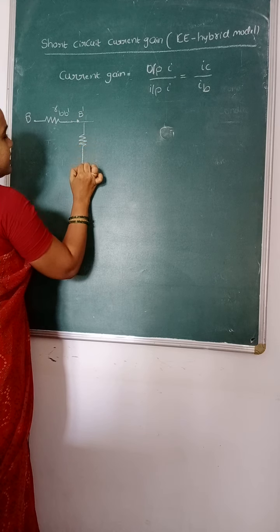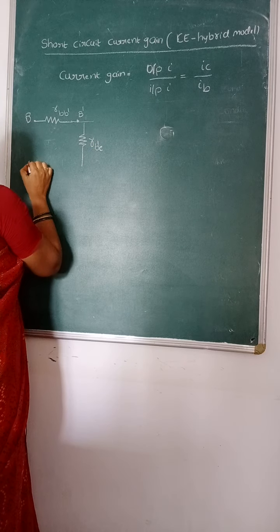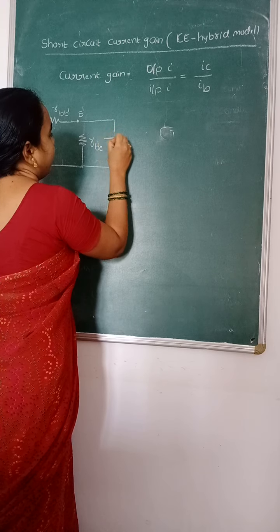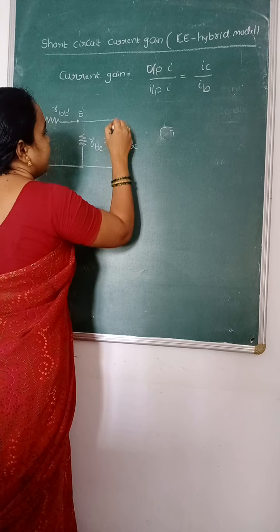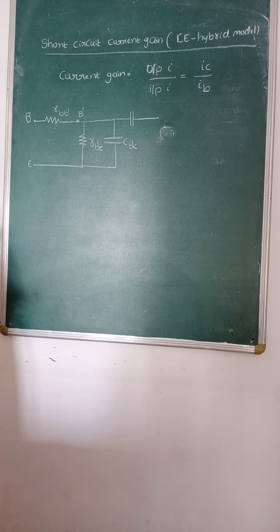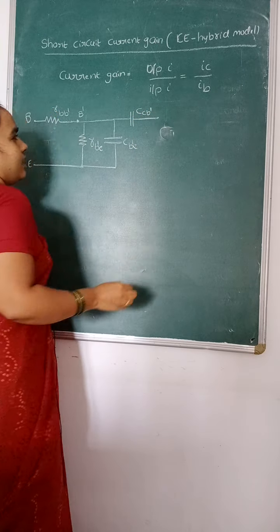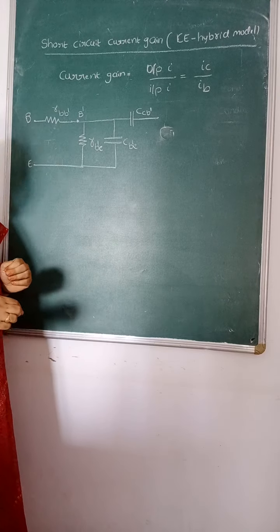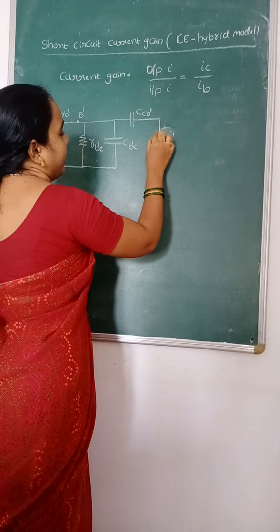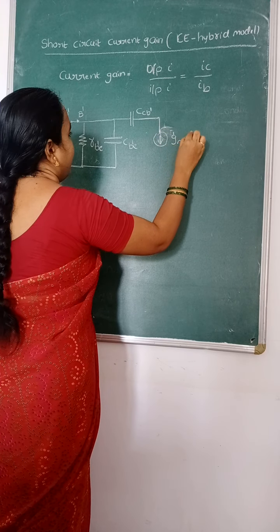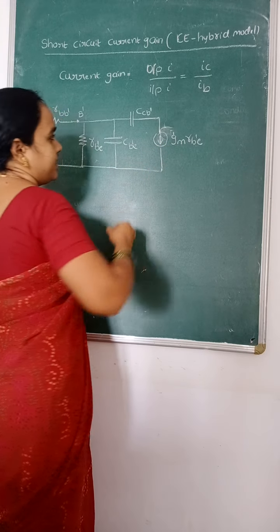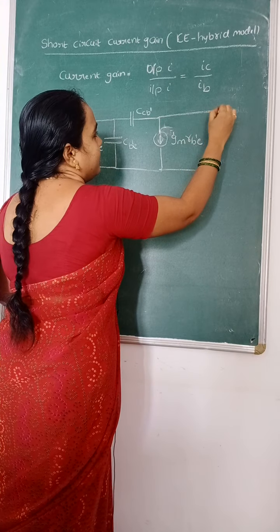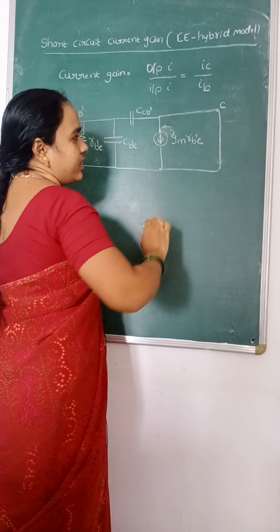Here we have the resistance R B dash E, the capacitance C B dash E, and the capacitance C B dash C. We are deleting the negligible resistance R B dash C, and we have the current source gm into V B dash E. The remaining elements, such as the capacitance and the output resistance at the collector terminal, are short circuited.